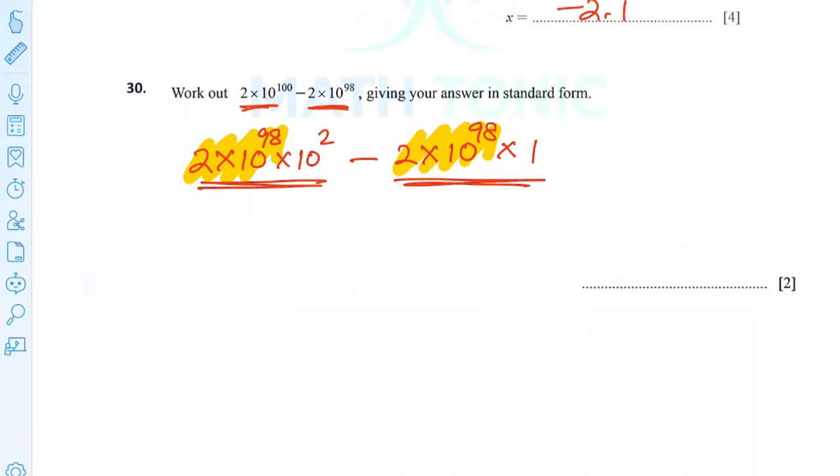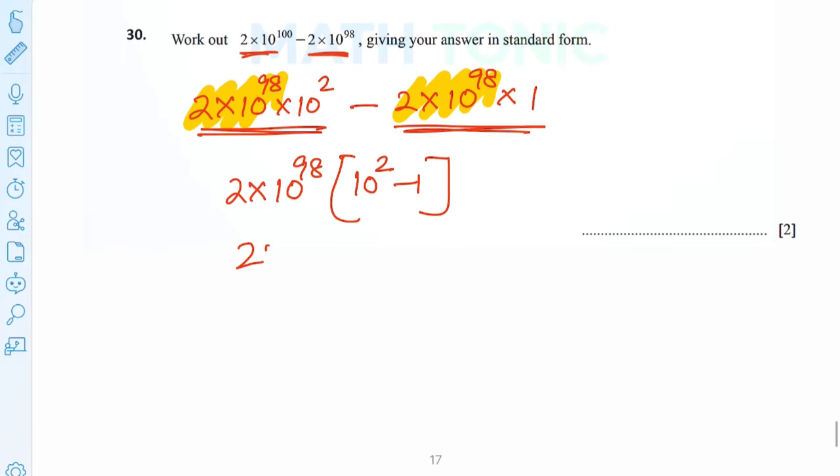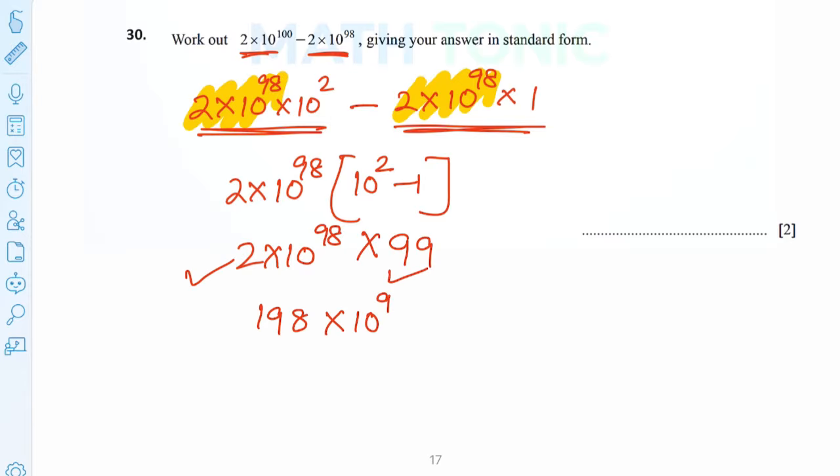If I take common, 2 times 10 power 98, bracket, first term is led by 10 squared, second term is led by 1. So that means 2 times 10 power 98, this one we have 100, 10 squared is 100, minus 1 is 99. So 2 times 99 equals 198 times 10 power 98.